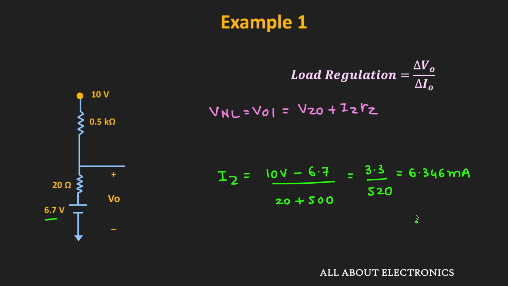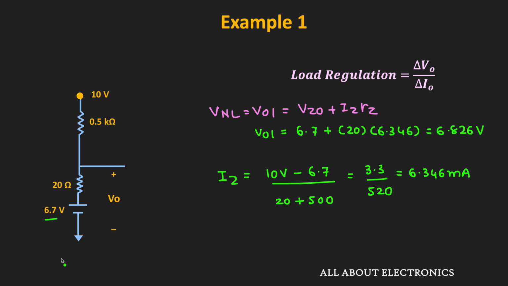Now let us put the value of Iz in the above expression. So we can say that VO1 is equal to 6.7 volt plus 20 ohm times 6.346 milliampere, and that is equal to 6.826 volt. In this way, we found the value of VO1.